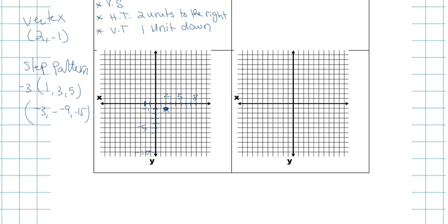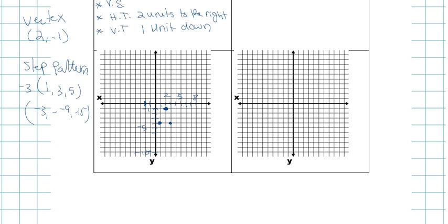Okay, I'm just going to erase this a little bit and fix it. So 2 and -1, this is where my vertex is. And then I have to go down 3 over 1. So 1, 2, 3 down over 1 to the left. Then I have to go down 9.